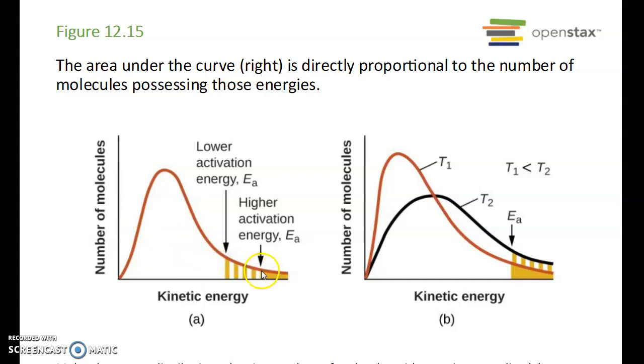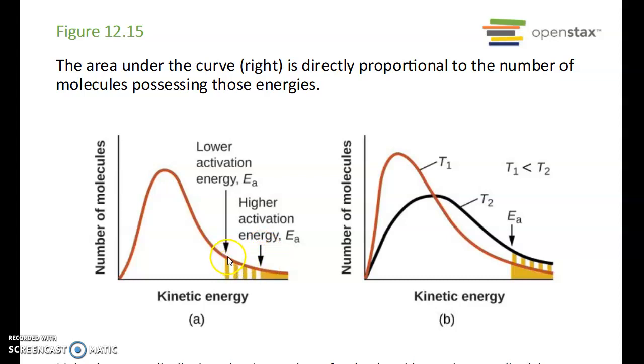If you have a higher energy of reaction, the number of molecules on this axis you can see is much smaller than the number that will have sufficient energy in order to have the reaction take place.